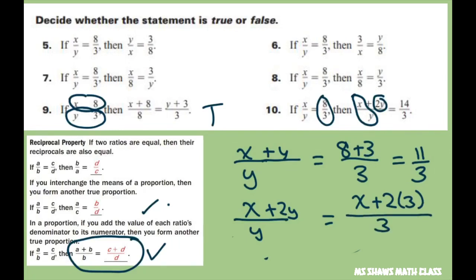And this is 8, sorry. So if you write 8, this would give you 8 plus 6 is 14 over 3. So as long as you have a constant here, we can do that. So this is also true. And that's it.